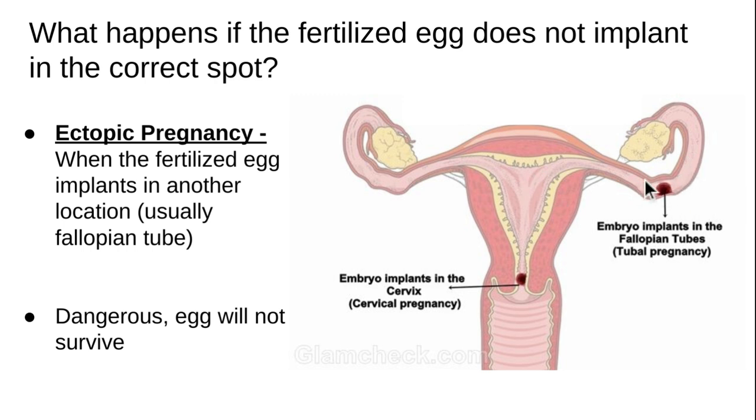And if it bursts, it's super dangerous. So the egg's not going to survive there because it implants there. And then also it can be dangerous for the mom as well. I have known people who have had ectopic pregnancies, and sometimes what has to happen is they actually have to remove your ovaries and fallopian tubes on that side.